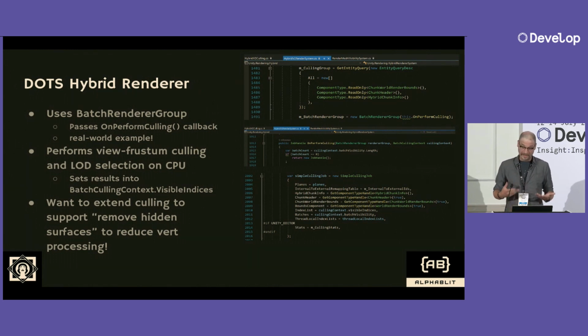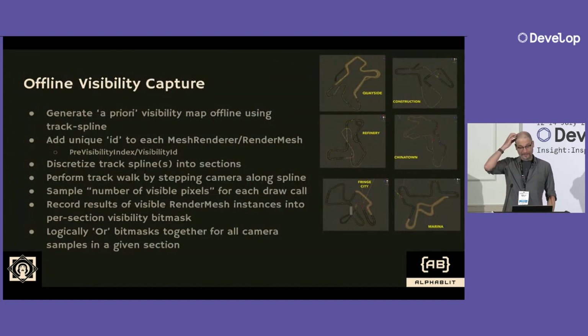So we thought maybe we could extend this culling system with a hidden surface removal technique to reduce our vertex processing. So we implemented an offline visibility capture system. The main idea is we generated an offline a priori visibility map by following the track spline.